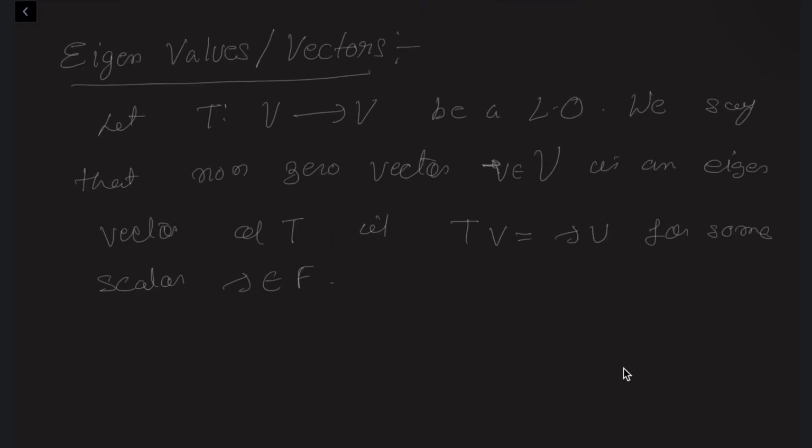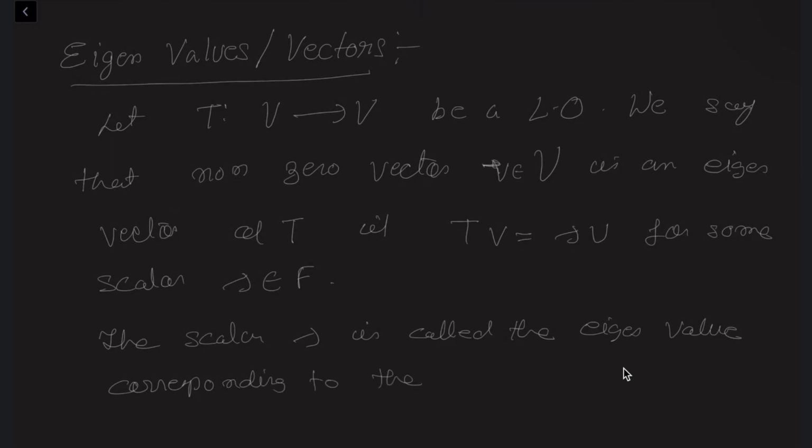This scalar lambda is called the eigenvalue corresponding to the eigenvector.